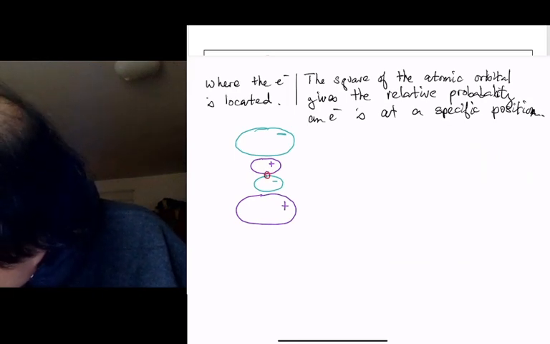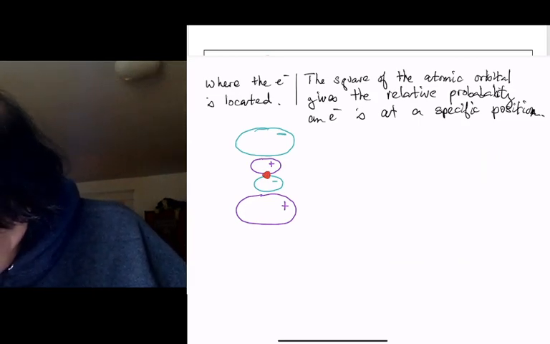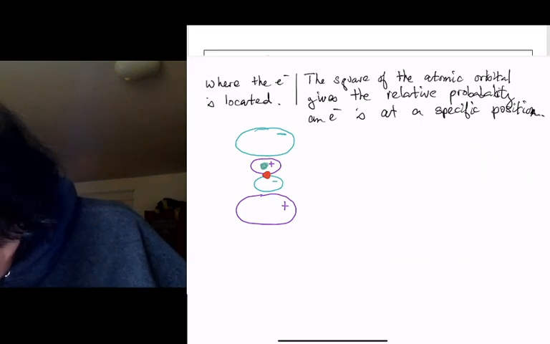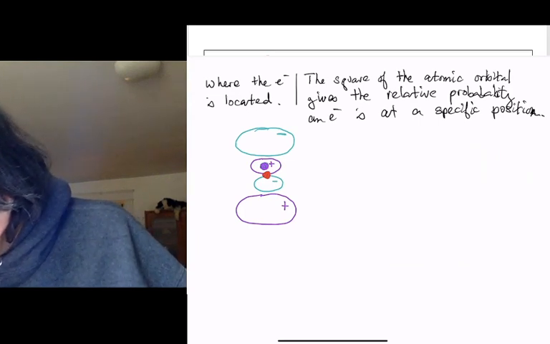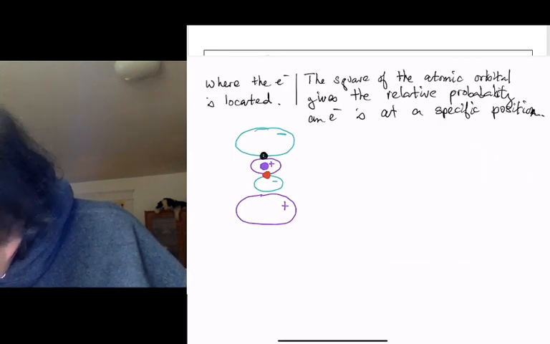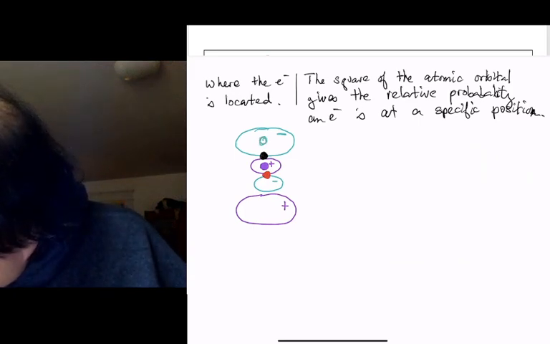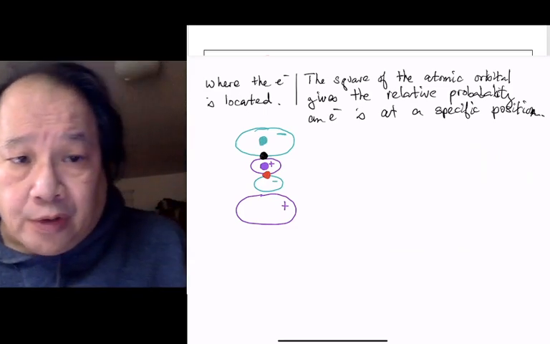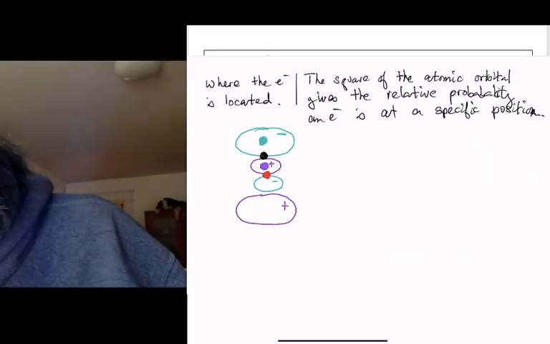We'll compare the nucleus in red versus the center of this lobe, which I'll make purple. Then we'll consider this point between the two lobes in black. And finally, the center of this lobe in aqua. So we're going to consider those 4 points: red, purple, black, and aqua.